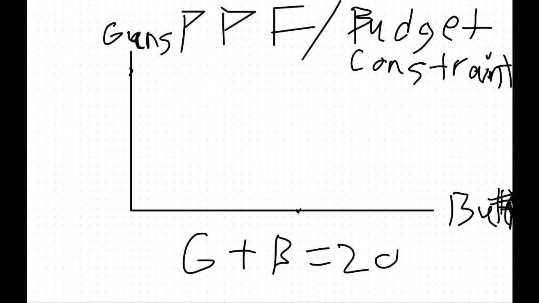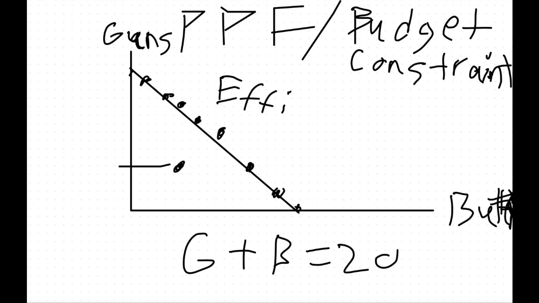So, for example, if instead of having guns and butter, we had, what was the suggestion? Coats and mangoes, right? For example, you have $20 and you can spend it either on coats or on mangoes.